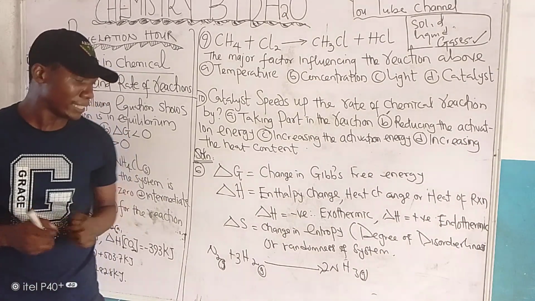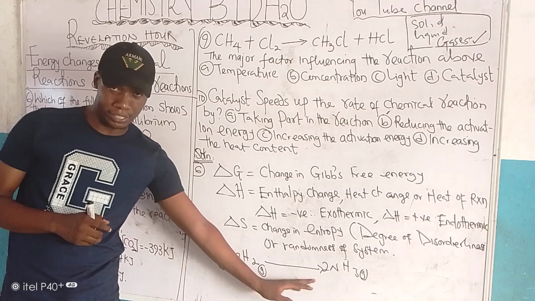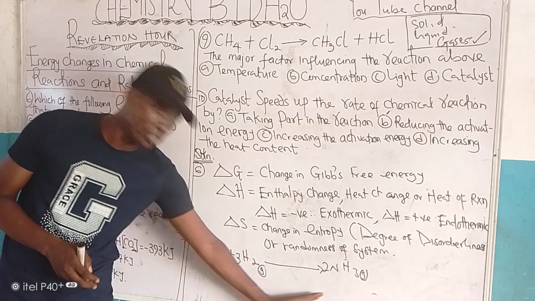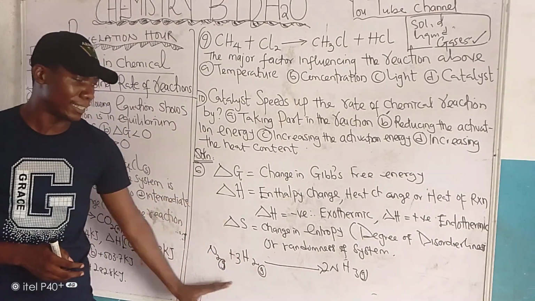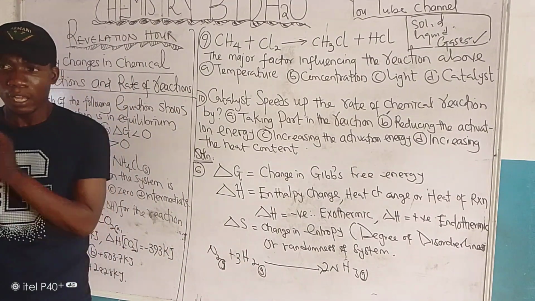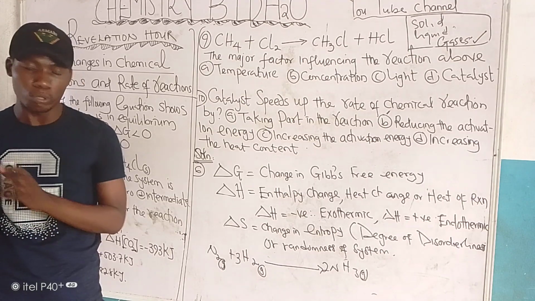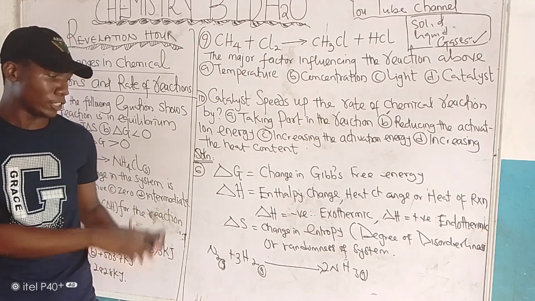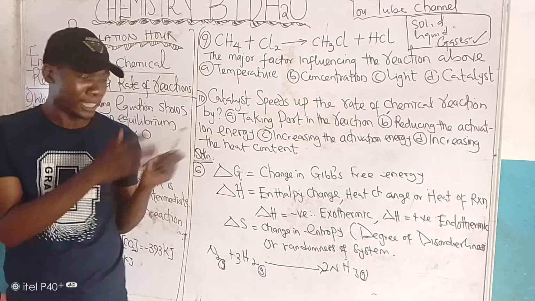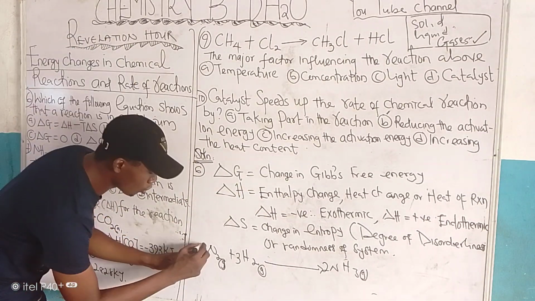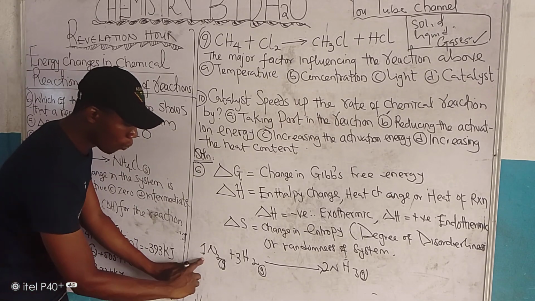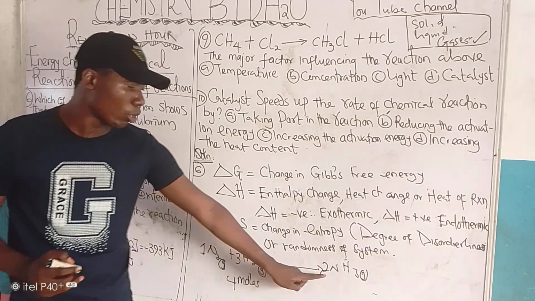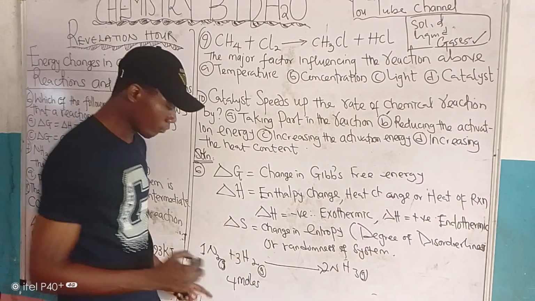Whenever you find out that the state of matter is the same, that the reaction is homogeneous, because this is called a homogeneous reaction, where the reactant and the product are in the same state of matter, what you have to do is simple. Calculate the number of moles on the left hand side and the number of moles on the right hand side. Let's quickly do that. The number of moles of nitrogen here is 1. So 1 plus this 3 will give us 4 moles. But the number of moles of ammonia here is what?